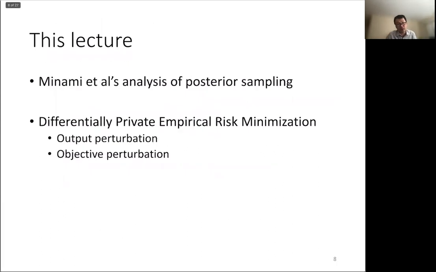So in today's lecture, we're going to first quickly go over the results of Minami and explain how their analysis works on a very high level. And then we're going to move on to talk about the convex version of differentially private empirical risk minimization, and talk about two common and intuitive algorithms to achieve interesting learning bounds in the differentially private ERM problem.